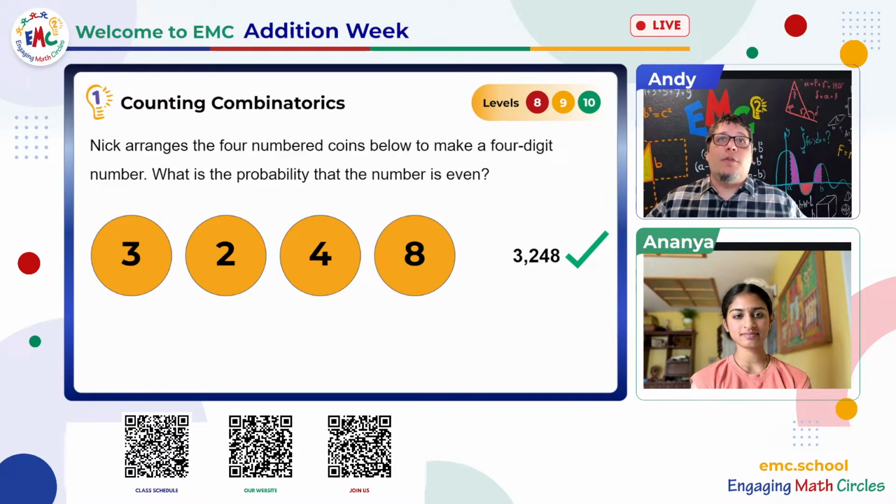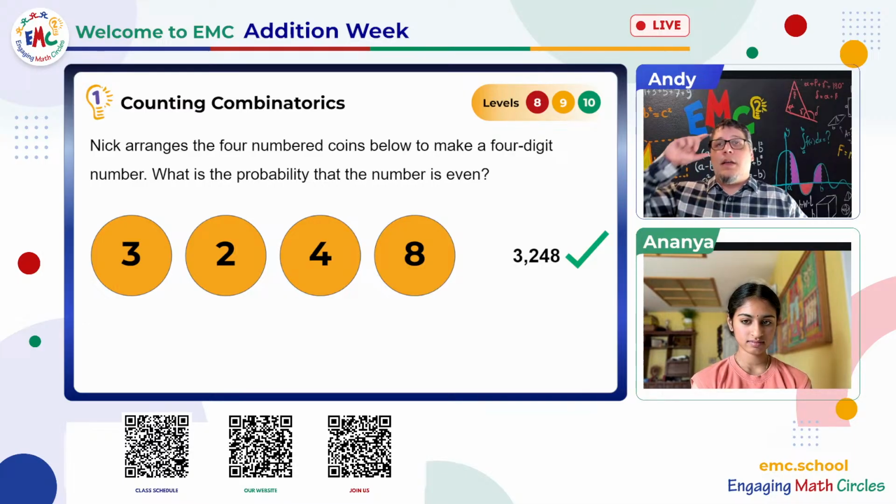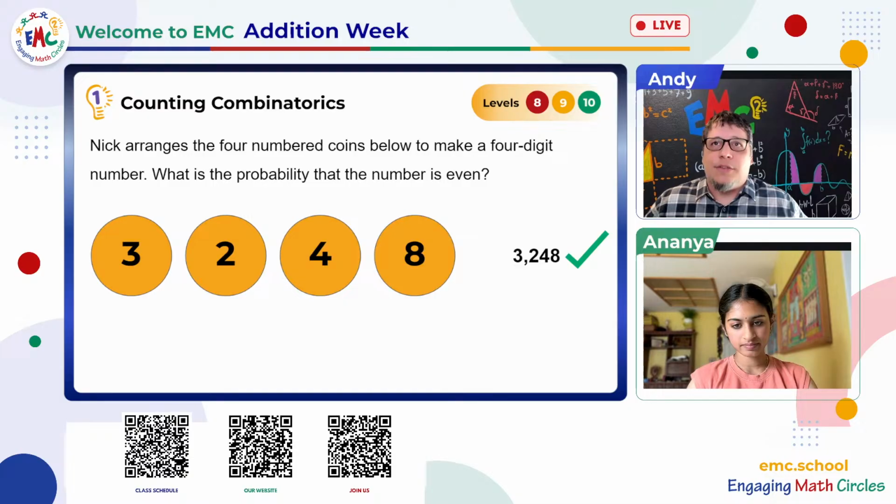So Nick arranges 4 numbered coins, 3, 2, 4, and 8 below to make a 4-digit number. So the first number he made was 3,248. But he can shuffle the coins around in any order. What is the probability that the number he makes is even? I think the only way this number could be odd is if the 3 was at the end.